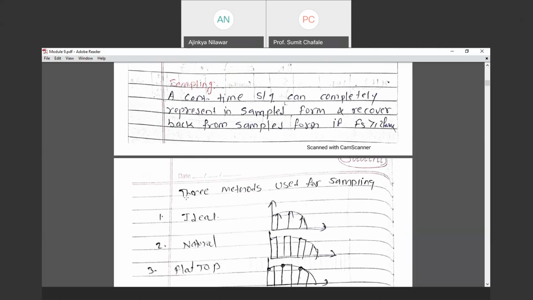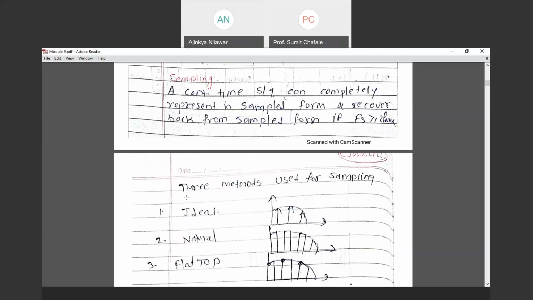Second is quantization, which gives us voltage levels decided in the quantization block. And third is encoding, which will represent the quantized signal in digital form. What do you mean by digital? Digital is nothing but a representation of the signal in 0101 form. Okay. So these are the three basic things we use in pulse code modulation.